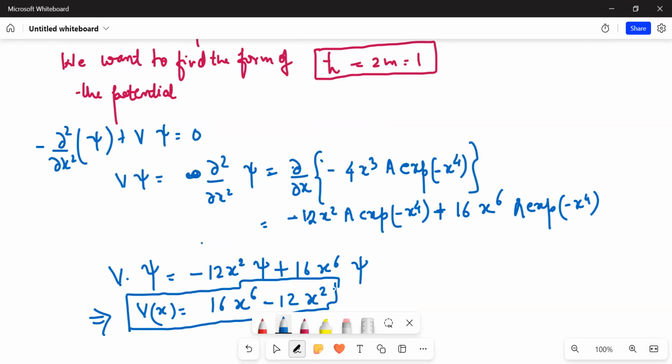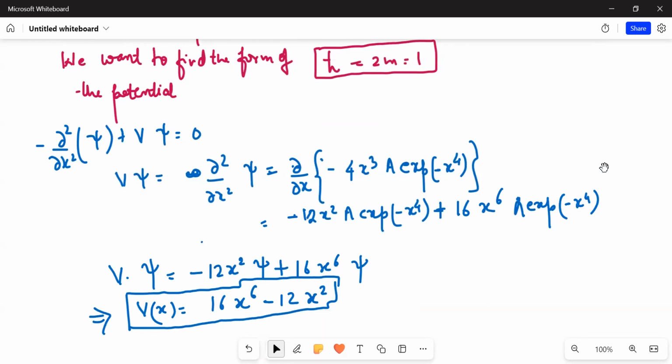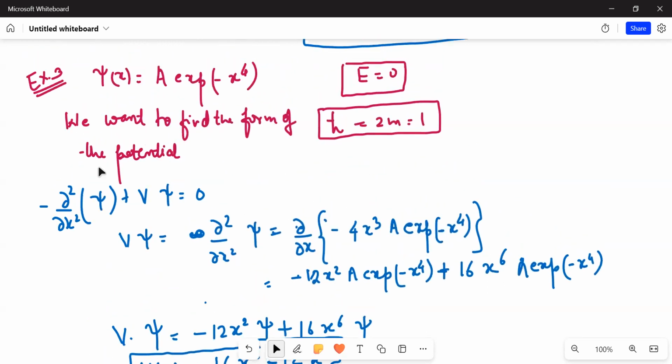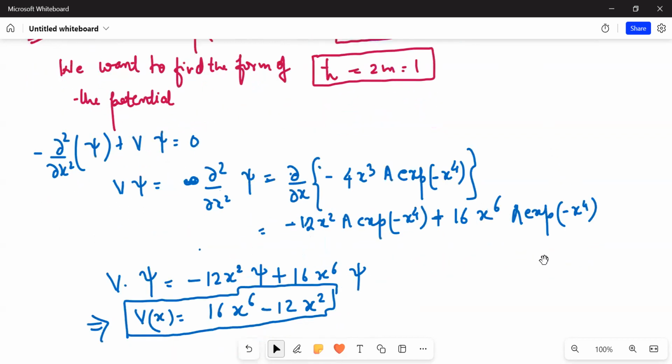Okay, so it is quite evident that if we are supplied with a wave function, then it will be easier for us to find the potential.